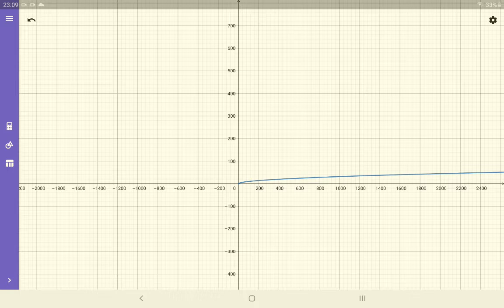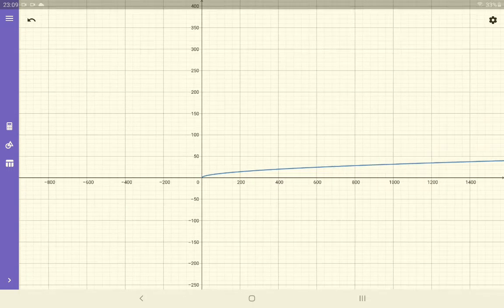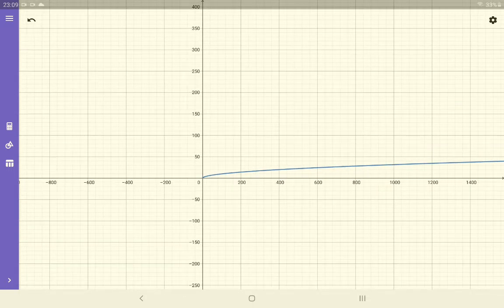Now what is the domain for this? See, for negatives we know that a square root cannot be taken, so we can't take negative values for the square root function, and that is the reason you can see your graph starting from 0.